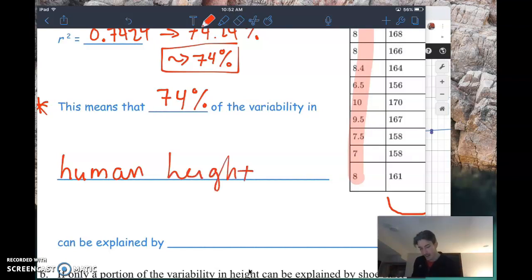Because that's what Karen is going after here. And I'm going to mark this up like the context, right? The variable I'm predicting.